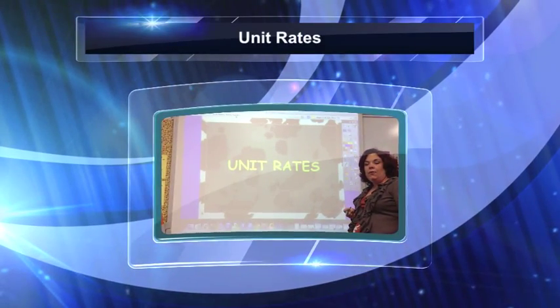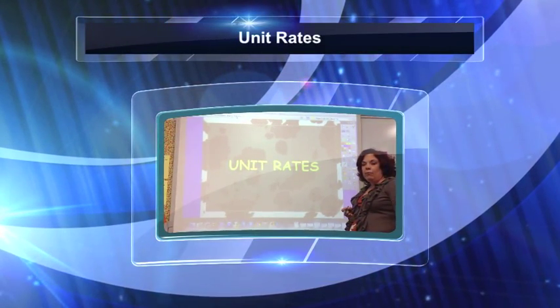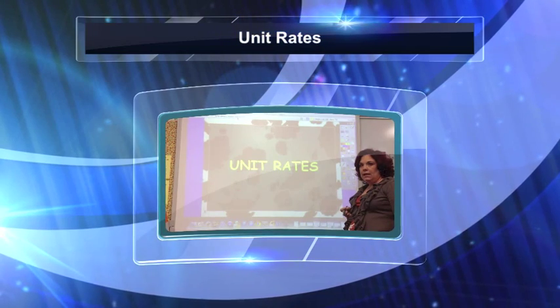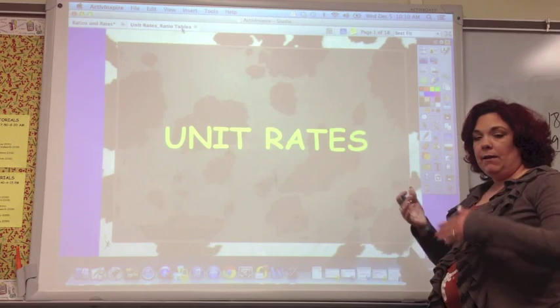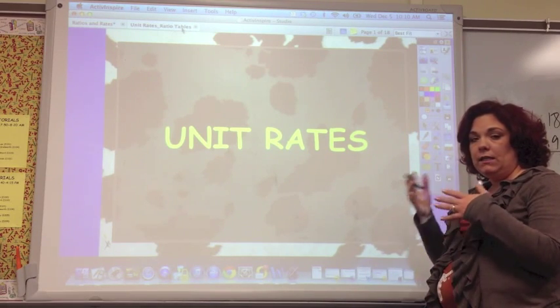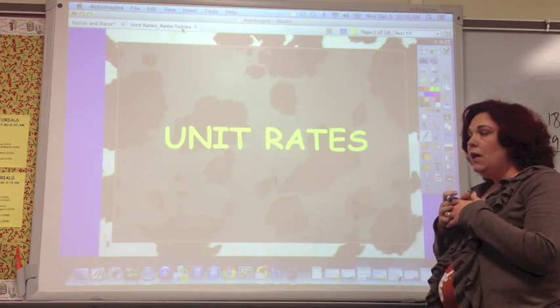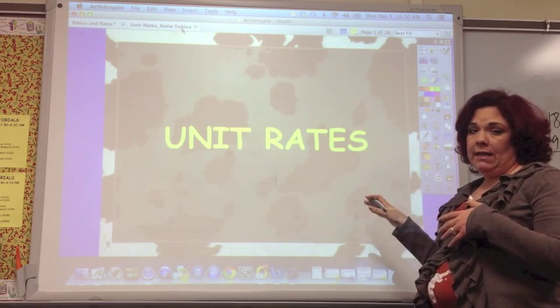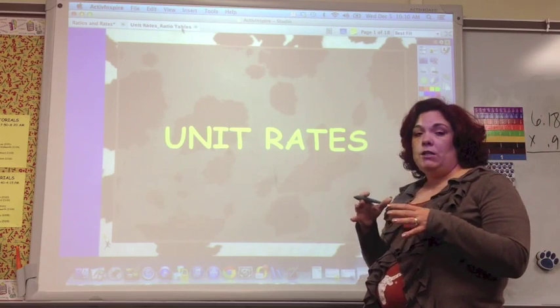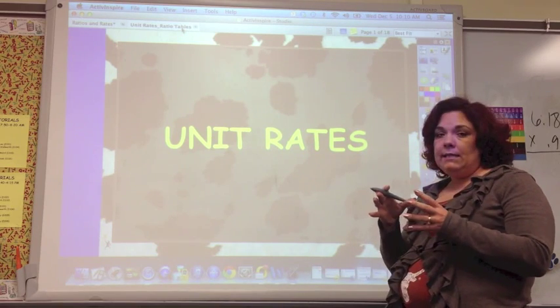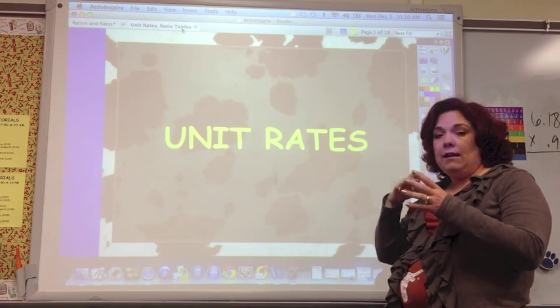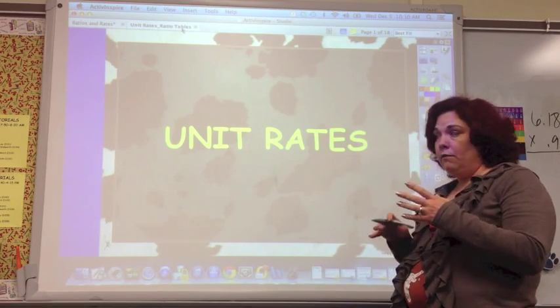Okay, so now whenever you have a ratio, that's a comparison of two quantities, and then a rate is a comparison of two quantities with different units, and then you're going to have a unit rate, and this is where you're going to take a ratio or a rate and find out how much it is out of 1.